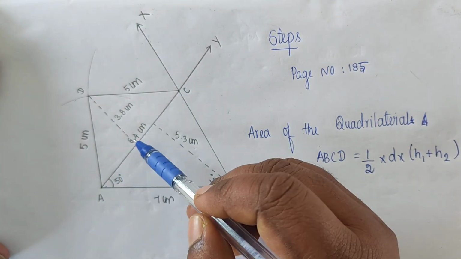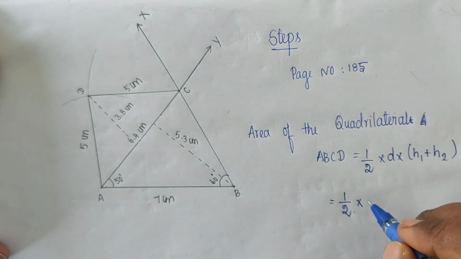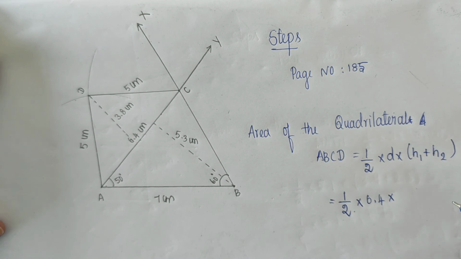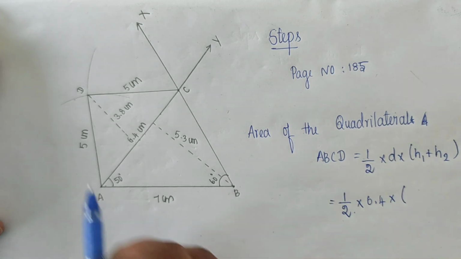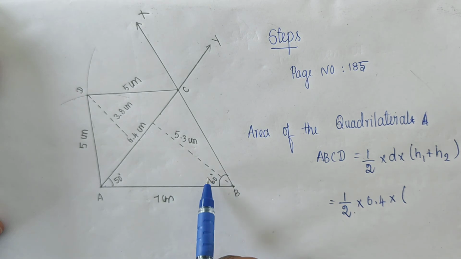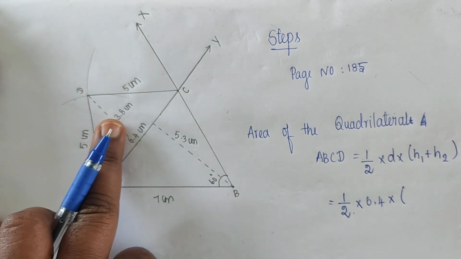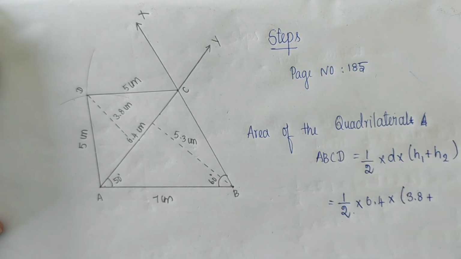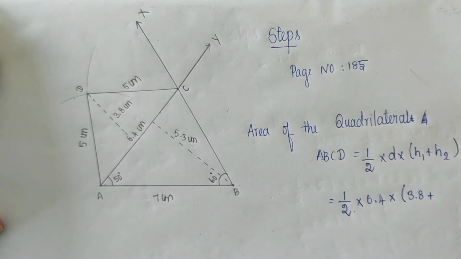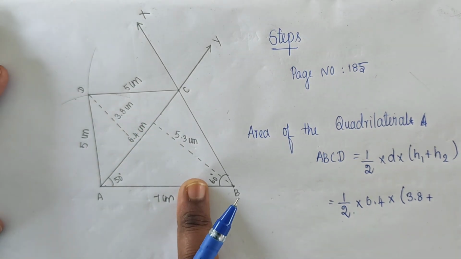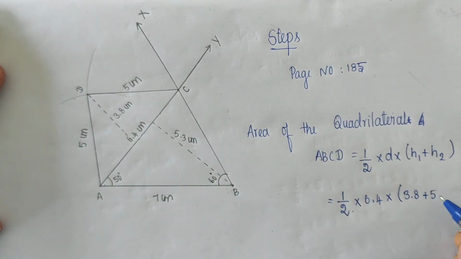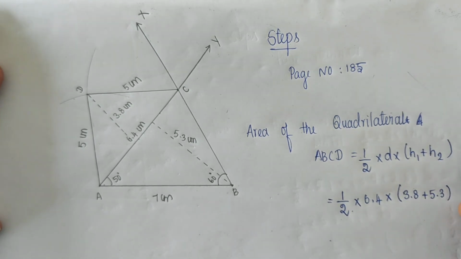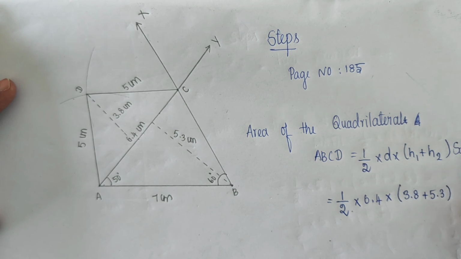So d is 6.4 centimeters, multiplied by h1 plus h2. H1 is 3.8 centimeters. Where is h2? 5.3. Okay, good. This is in square units.